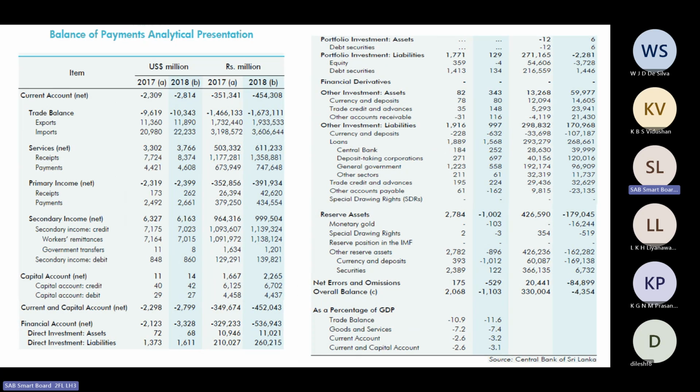Can you see? Capital account and financial account balances are there. As I told you, this is a minus value for these: investment, other investment, reserves and likewise. This is an example of balance of payments. So you can refer to this in the central bank report. It is mentioned.